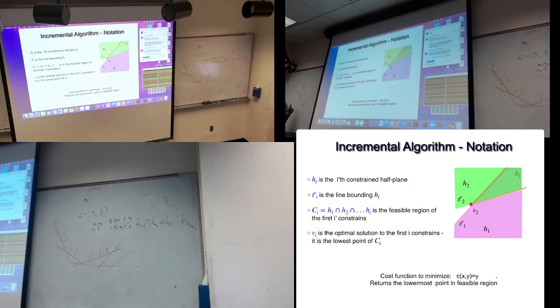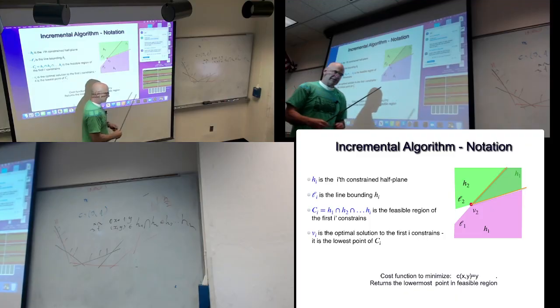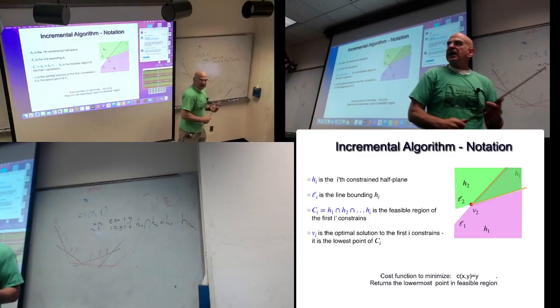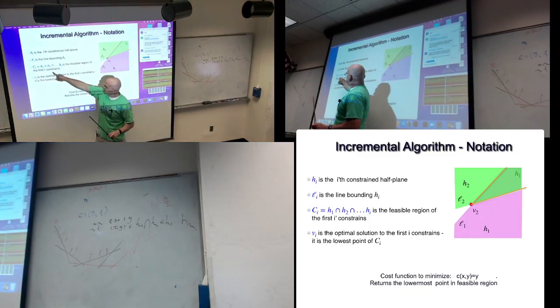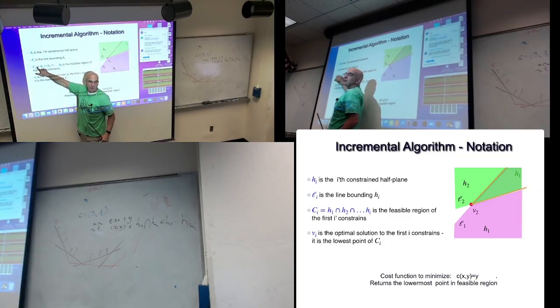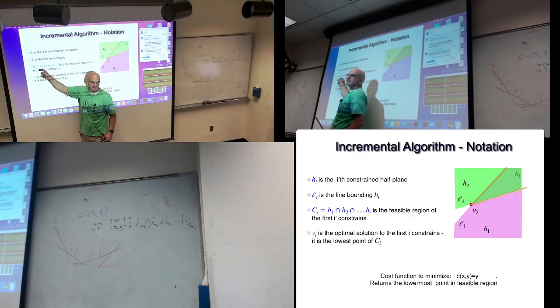Remind you, we are looking at an incremental algorithm. We are going to add constraints one after the other, so at each moment I'll add one more constraint to this set of constraints. I'm defining Ci, but it doesn't mean that I'm going to compute it. I'll just know that it exists as the intersection of the whole thing, the feasible region. Of course, Ci might be empty.